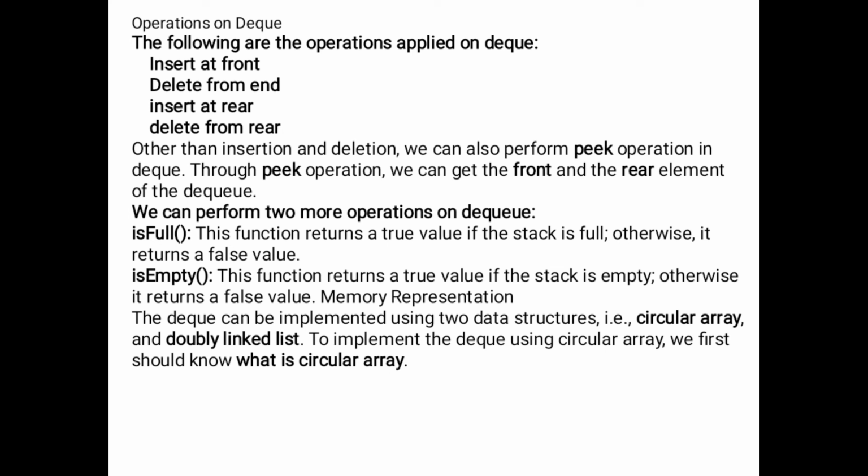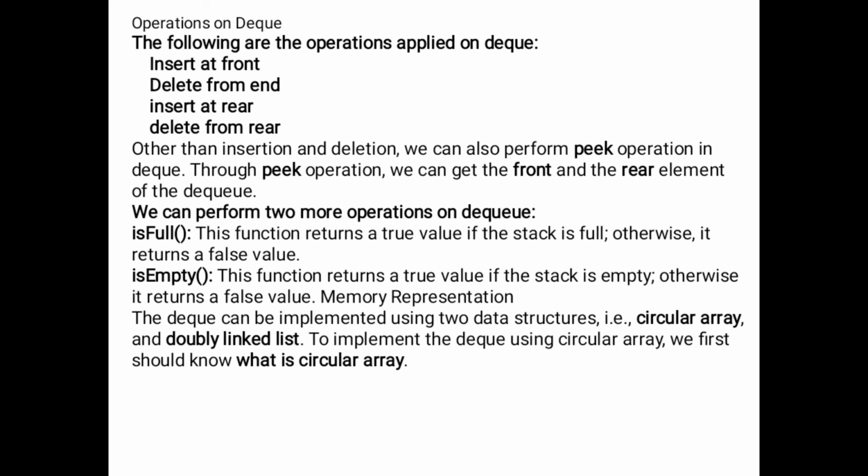Recall the concept of a double-ended queue: it has a rear end and a front end, so both ends are used for insertion and deletion. So insert at front, insert at rear, delete from front and delete from rear. Those are the four types of operations.